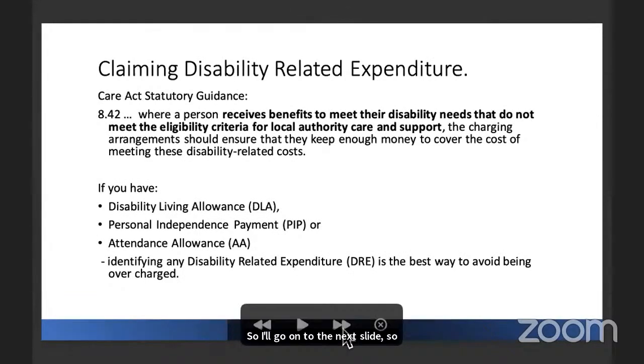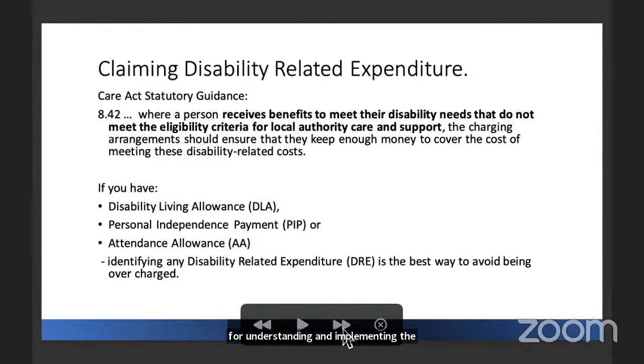The statutory guidance, as Svetlana said, is the go-to document for understanding and implementing the Care Act and the regulations. Chapter 8 is specifically about the financial assessment and charging.